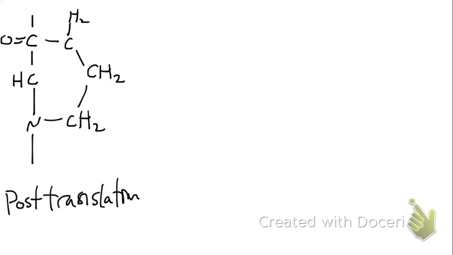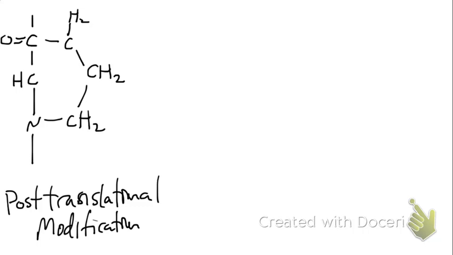And what that means is that this modification to these residues or to this protein occurs after the translation of the protein. So this protein has been transcribed into RNA, and then it's going to be translated into protein. But the full translation occurs, the full protein is made before this modification is placed. And so it's known as the post-translational modification.